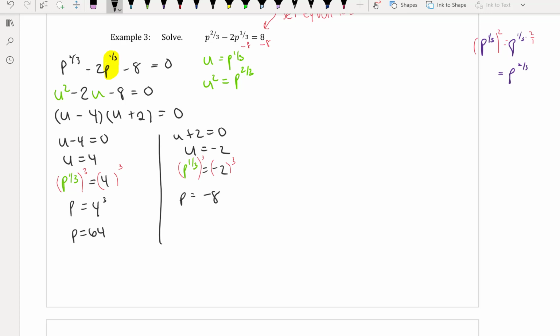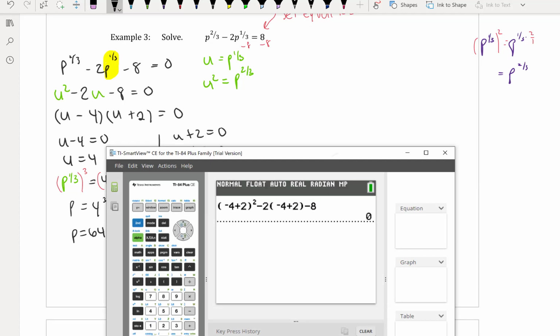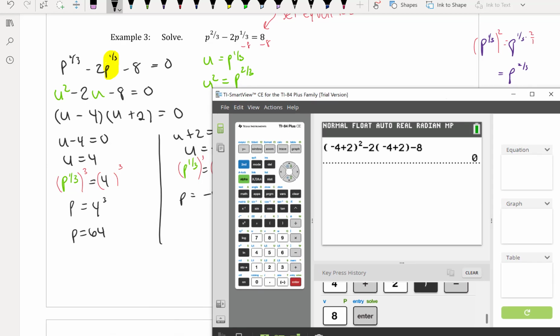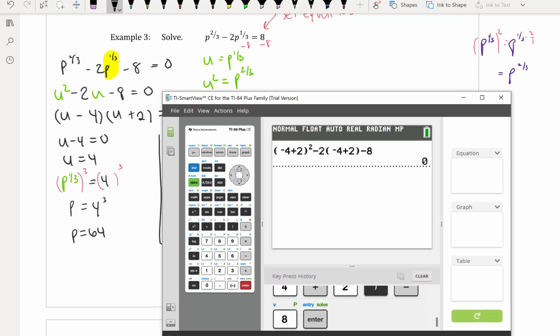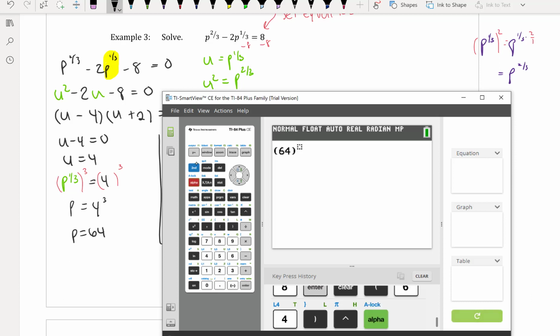And of course, I'm going to plug this into my calculator again. So here is my calculator. Move it over a little bit. Okay, so here we go. I am going to plug it into my original equation. So I have my p, let's try 64 first. So I have 64, and it's going to be to the power here. And I can always put in my fraction, and I have 2/3.